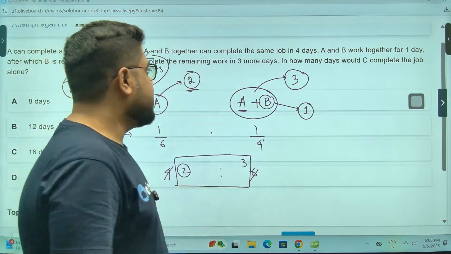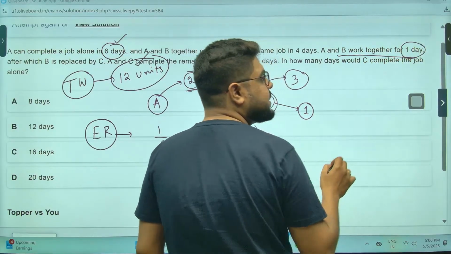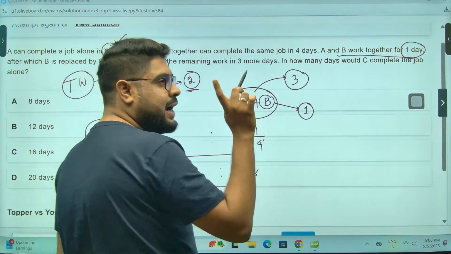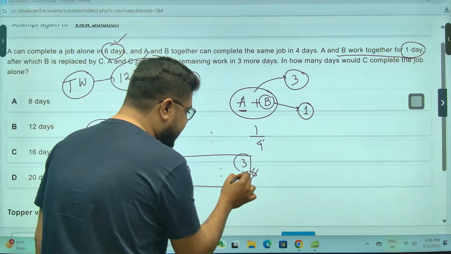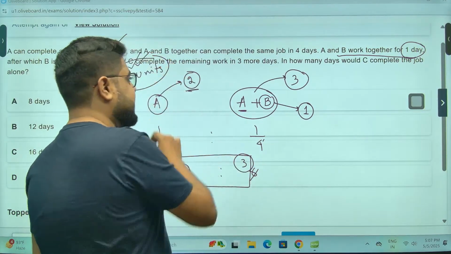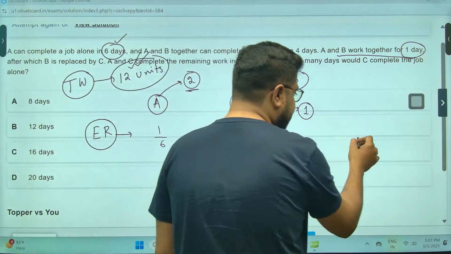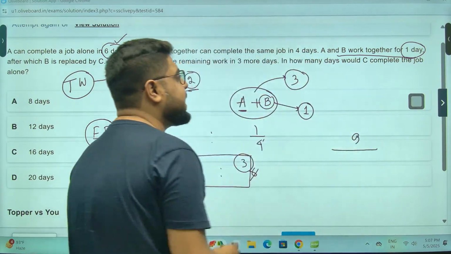Now, A and B work together for 1 day. Every day they do 3 units, so out of 12 units, in that first day they have done 3 units. Remaining is 9 units.